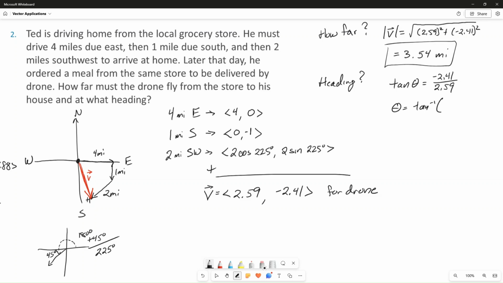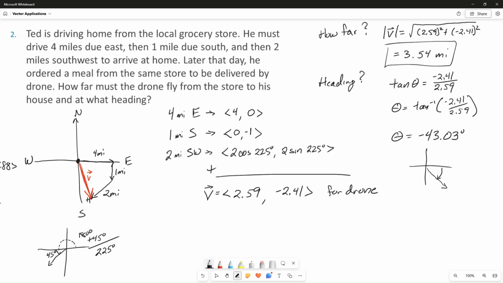So theta is the inverse tangent of negative 2.41 over 2.59. And if we use our calculator, we will get negative 43.03 degrees. Again, that's an angle in the fourth quadrant, and since it's negative, it is rotating clockwise.